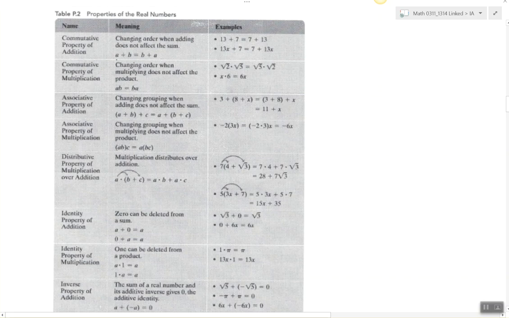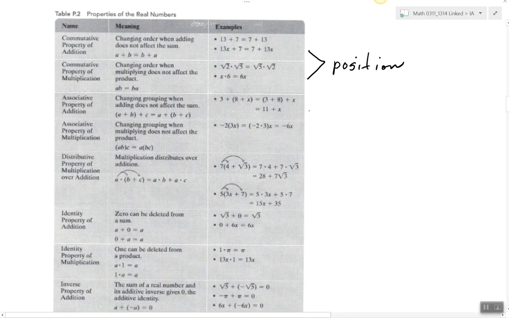These say that A plus B is the same as B plus A, or A times B is the same as B times A. Both of these have to do with position. That the position doesn't matter. You can commute or change the position of the quantities without changing the value.